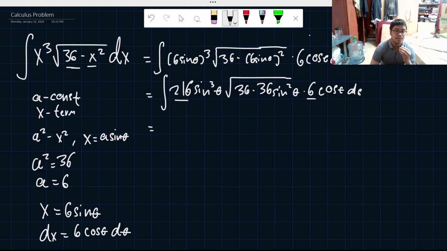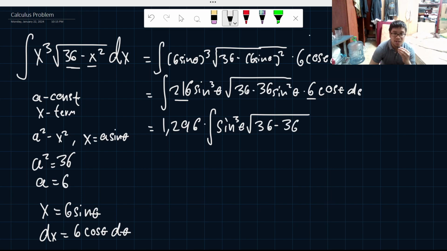So we can bring out 216 and 6 together and multiply them. 216 times 6 will give you 1,296. What's left is sine cubed theta times the square root of 36 minus 36 sine squared theta.